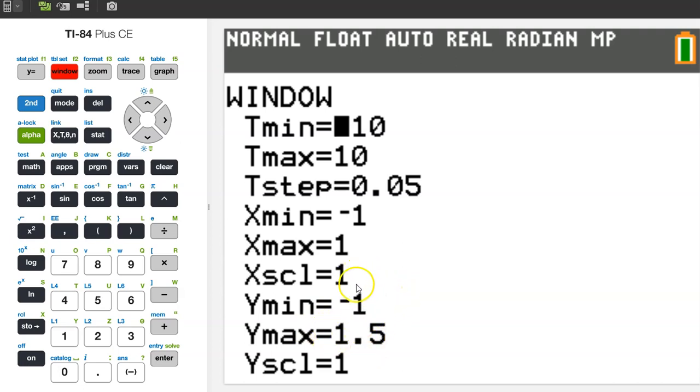But we don't actually know how low and high the y values could get. So let's give it a little bit of breathing room. Let's let y min be -1 and we'll let y max be +2. I am letting t step be 0.05 to slow down the animation. Let's hit graph and see what we've got.